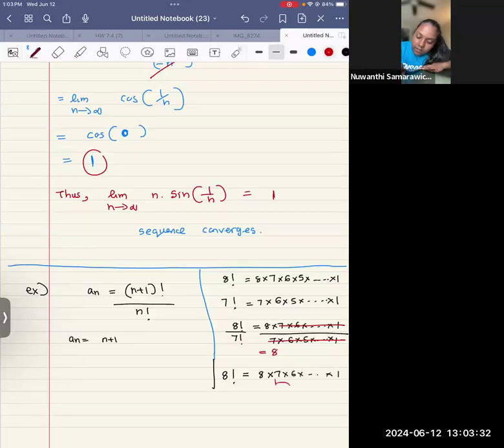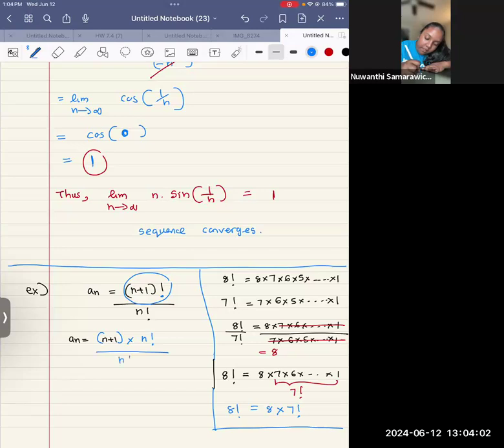This whole thing is 7 factorial, right? So we can write 8 factorial as 8 multiplied by 7 factorial. So the same method we are going to use here. We can write this term as the first term multiplied by nth factorial divided by the nth factorial. So we can cancel. We will have n plus 1.